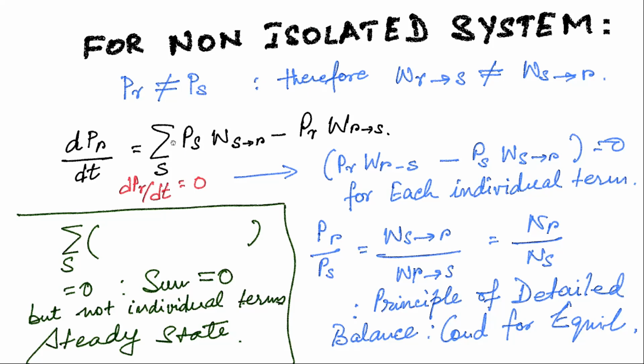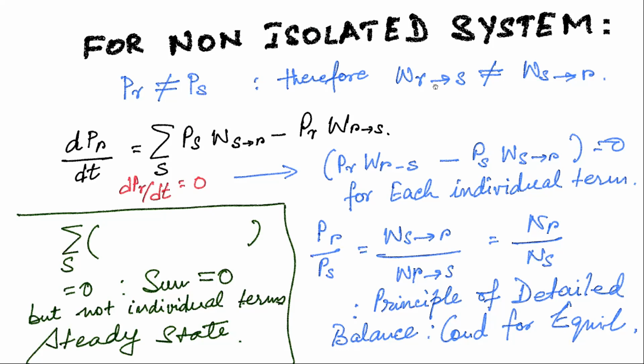In fact, the master equation can be written as dPR/dt equal to summation over all S of PS, the probability of occupation of a particular microstate, times the transition probability WSR, S to R, minus the term with R to S, right? And when energies can change, these need not be equal because H need not be Hermitian, and so on and so forth.